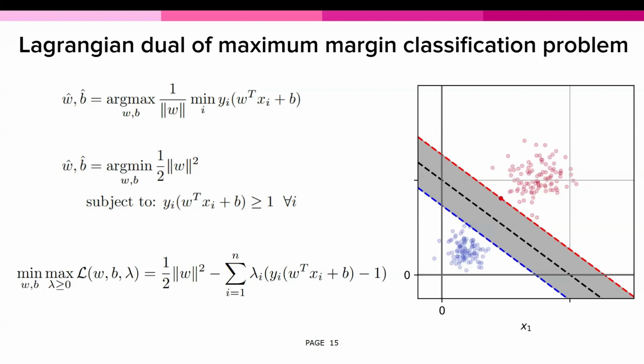If we consider the decision boundary represented by the dashed black line and the two parallel lines associated with the margin, the points closest to the boundary, where the constraints are most likely to be active, we might expect the Lagrange multipliers to be non-zero. Points further from the boundary, maybe those back here, we would probably expect those multipliers to be 0 because the constraints might be naturally satisfied without their influence.